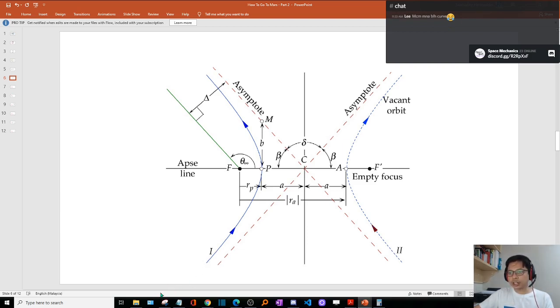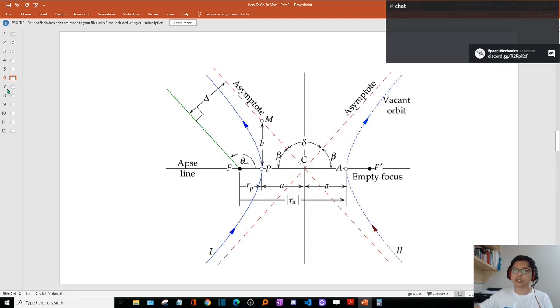That's why I draw a straight line to denote the velocity vector of V sub infinity. But why does it curve? Because you have Mars here. Mars has some gravitational pull, and this is going to bend the trajectory.